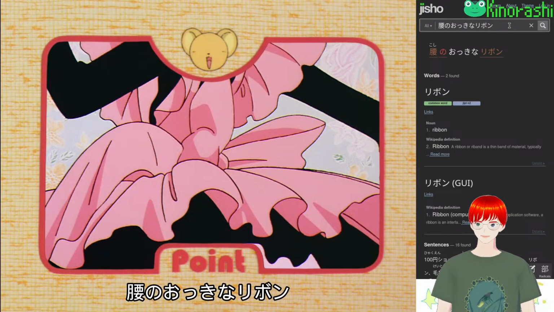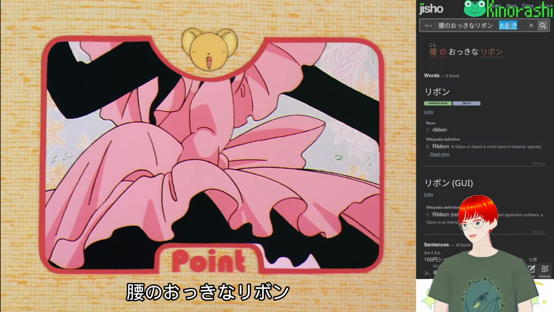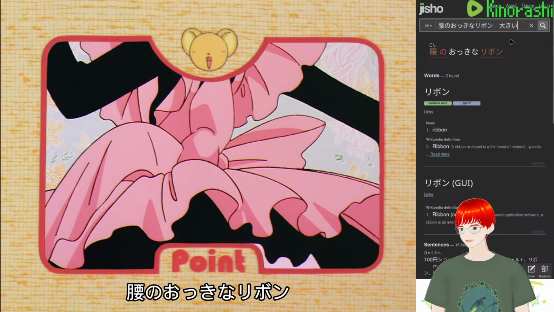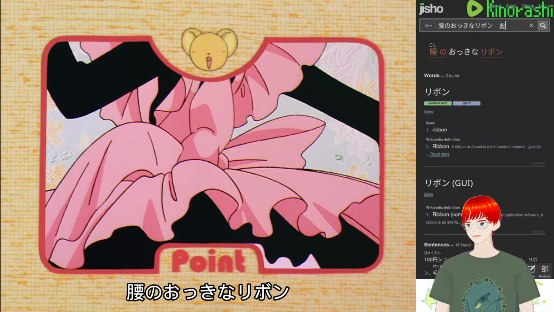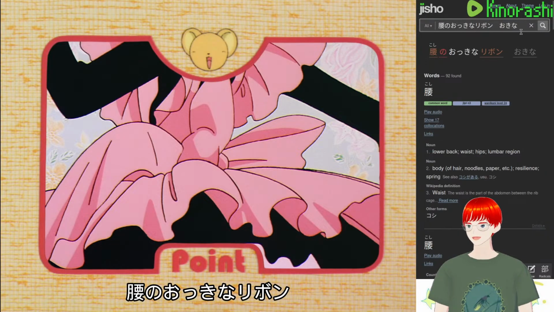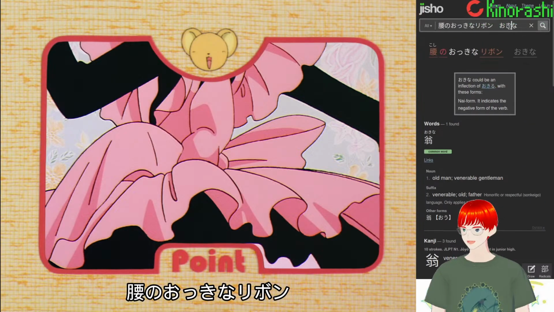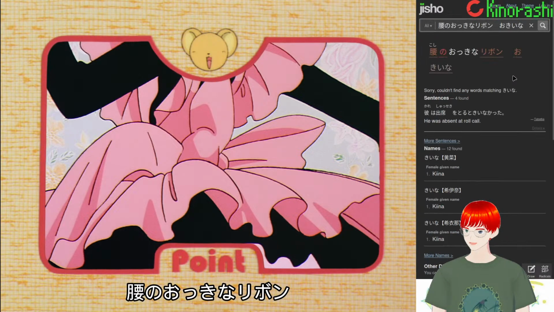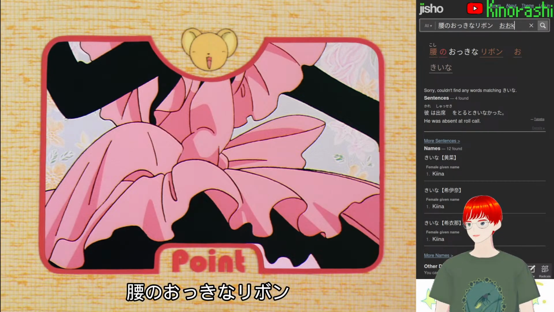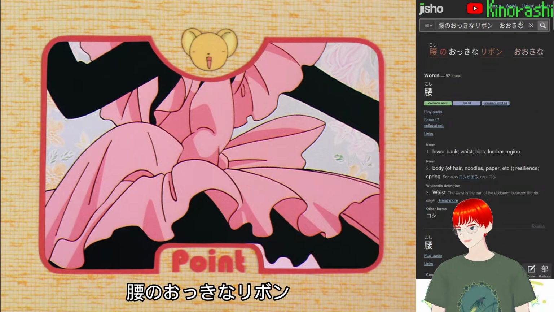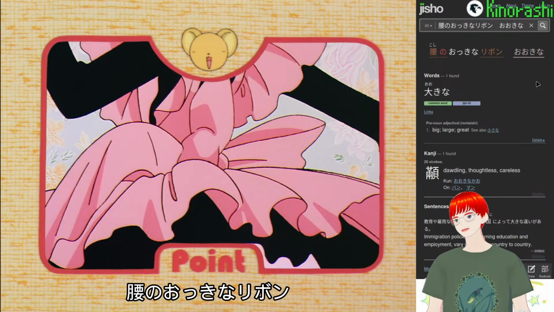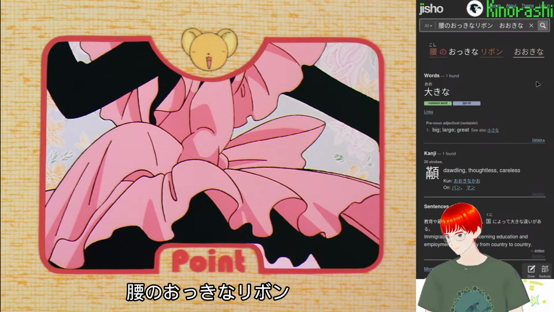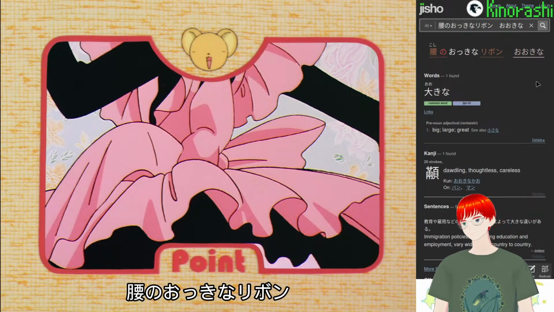I think that's supposed to be oki, but instead of saying oki, oh, no, actually it's supposed to be okina, big, large, the pre-noun or rentaishi adjectival.